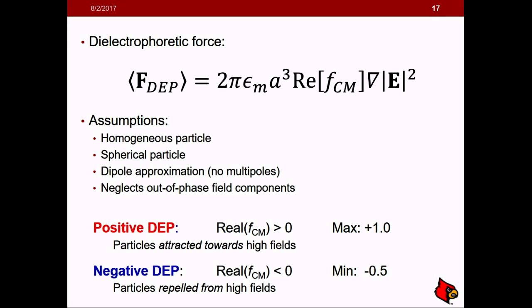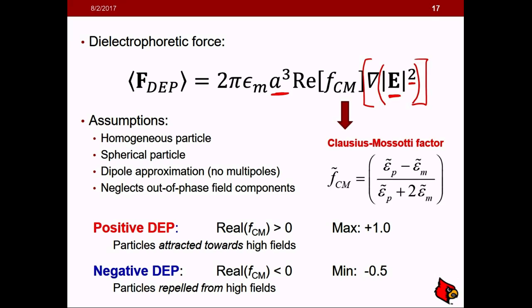So the real part of the Clausius-Mossotti factor is frequency-dependent. You have the complex permittivity of the particle and the complex permittivity of the media, which takes into account the conductivity, permittivity, and frequency of your system.